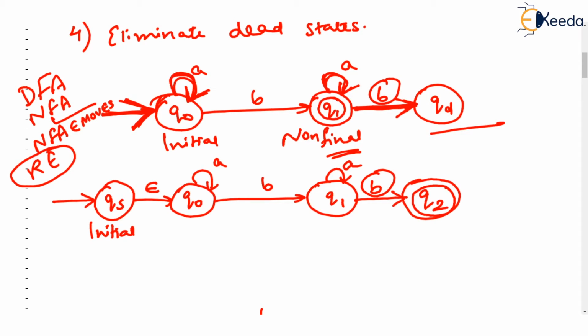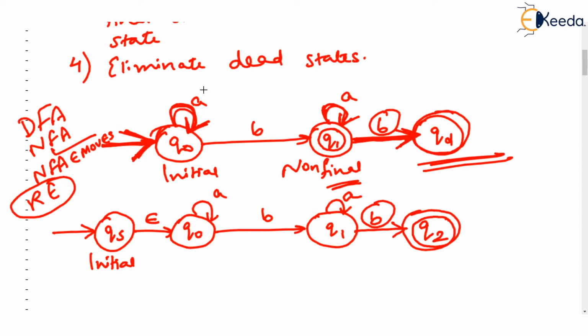It is a dead state because once the machine reaches it, it never comes back to the final state or any other state. So what do you do about the dead state? You can see the fourth rule, although we have not read the third rule yet: eliminate the dead state. So we will simply eliminate the dead state.